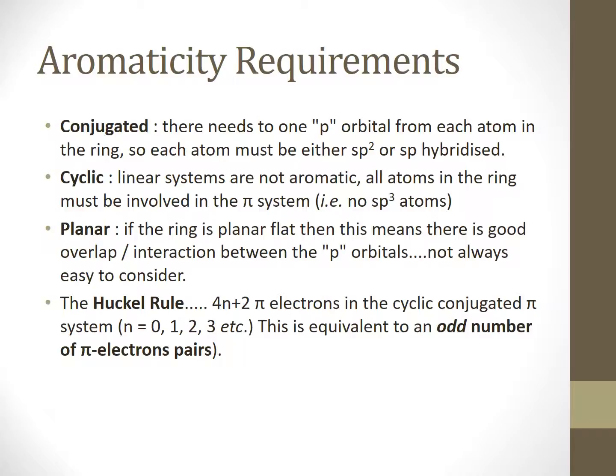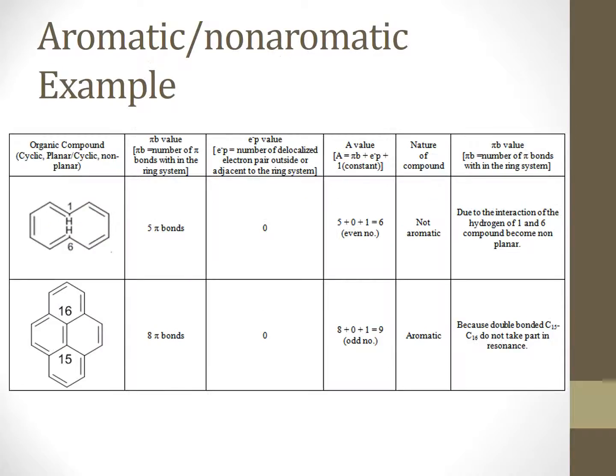And lastly, Hückel's rule, there really should be a double dot over that U right there, but Hückel's rule, which is 4n plus 2 pi electrons in a cyclic conjugated pi system. So the next slide I have is showing 2 examples of an aromatic and not aromatic species.